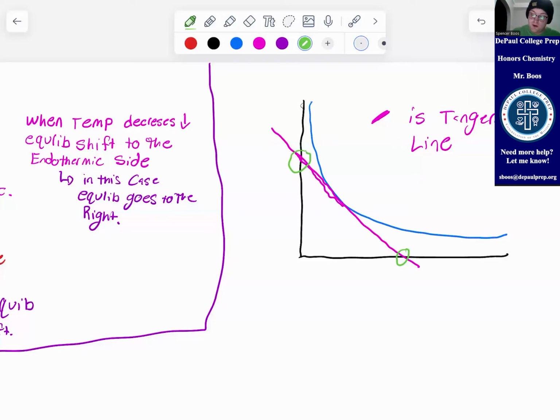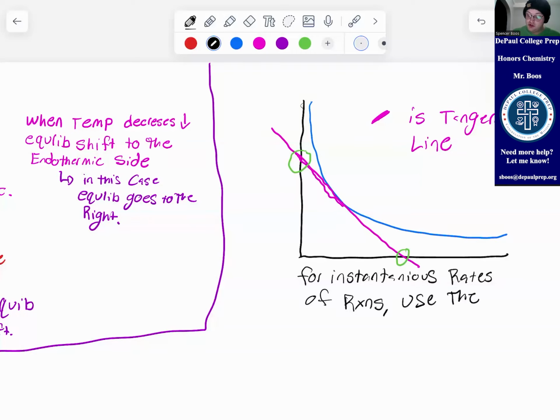So for instantaneous, let me rephrase that. For instantaneous rates of reaction, use the slope of a tangent line.